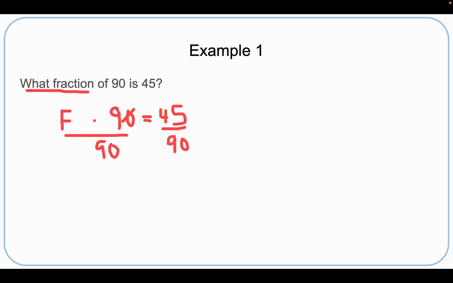So that way our 90s cancel out here, and we're left with f equals 45 over 90 reduces to 1/2. So there f equals 1/2. Our fraction is 1/2. 1/2 of 90 is 45 if we substitute that back in.